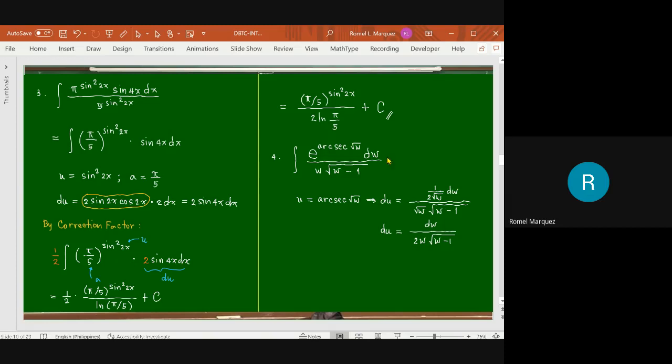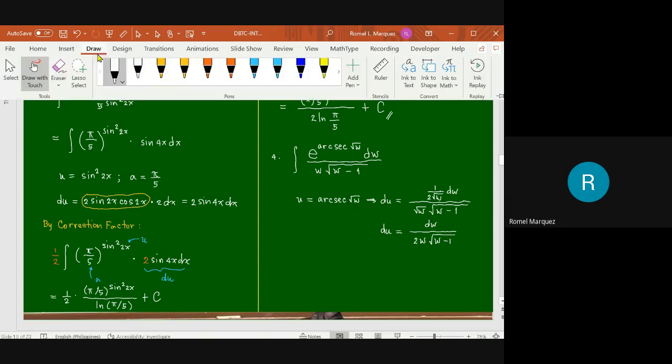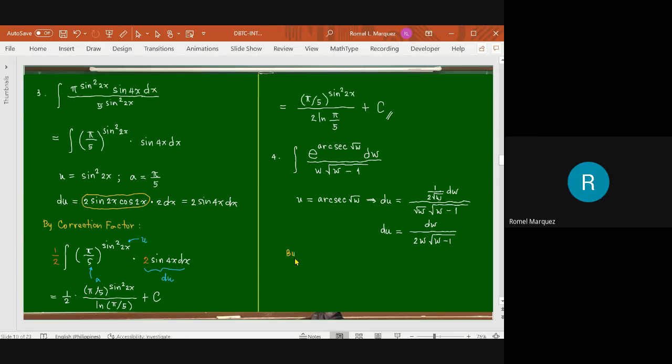Oh, almost there, no? Except that there is a missing 2 in the denominator here to make this du. So let's have a correction factor. By the correction factor, we are going to correct the differential.